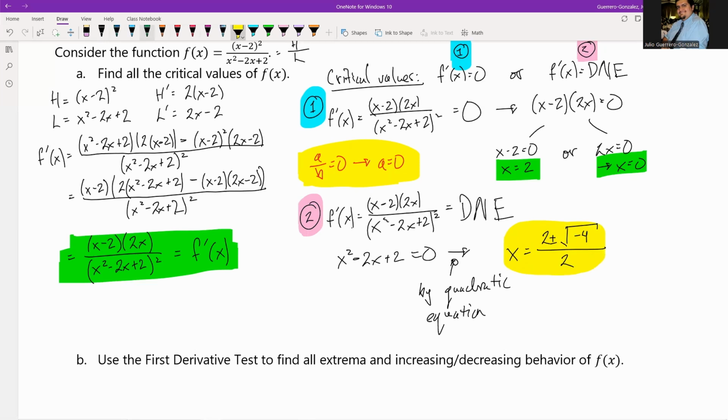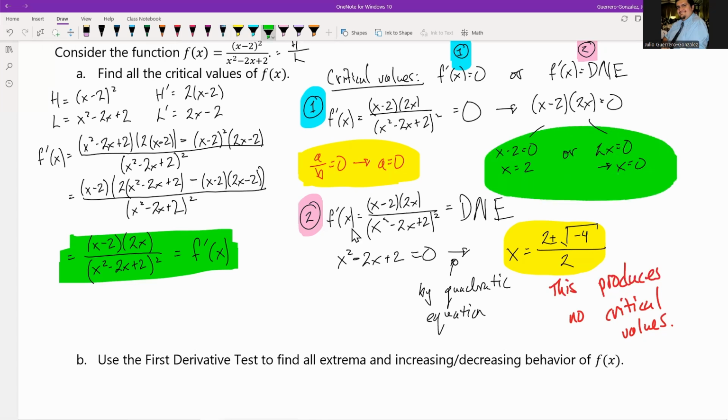So this one produces no critical values. Okay, so that means we only have 2 critical values to worry about, and it's these two up here, the x equals 2 and the x equals 0. That is it.